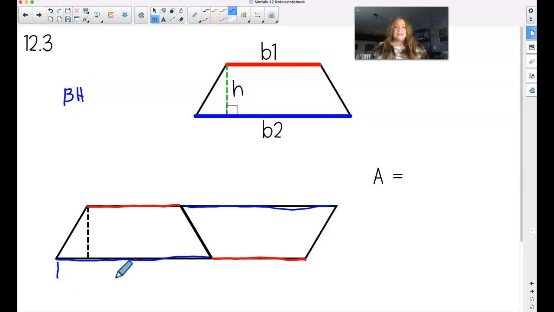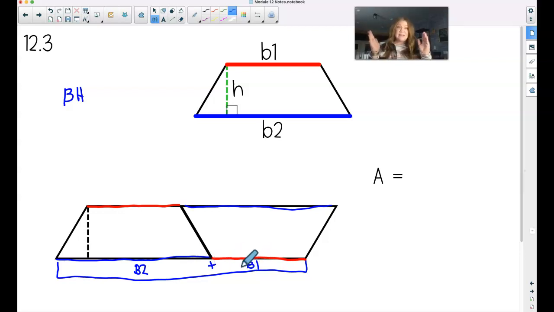Well, in order to find this base of the whole parallelogram, I have to take my base here and add on the base here. So we need to take base 1 and add on base 2. And I want to do that very first, so we're going to put that in parentheses. Now we know the base. Now I can multiply by the height.